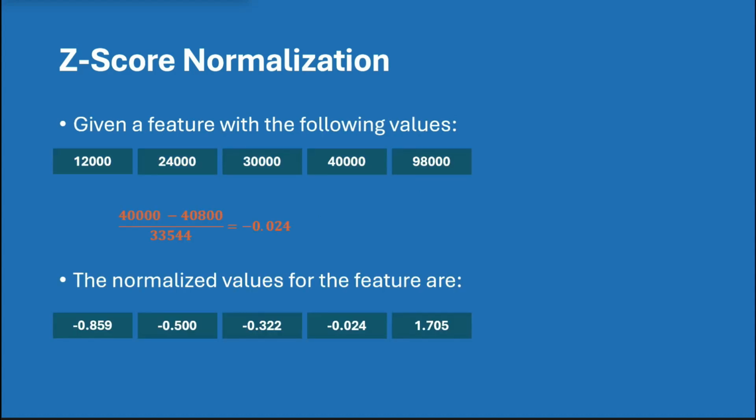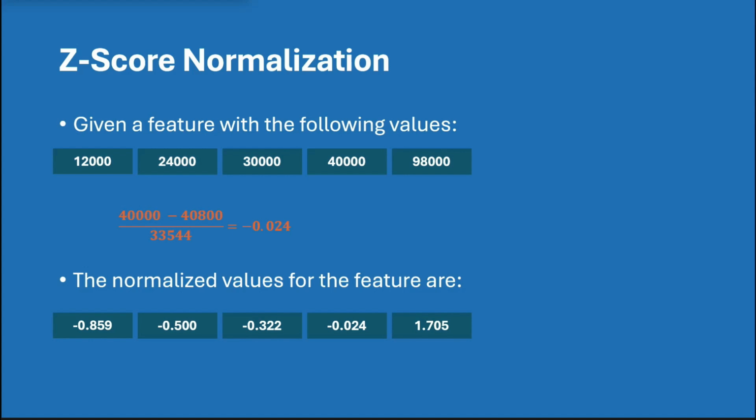To illustrate how z-score normalization works, let's consider the feature with 5 values shown here. The mean of these values is 40,800, and the standard deviation is 33,544. To normalize the fourth value, we subtract 40,800 from 40,000 and divide the result by 33,544.